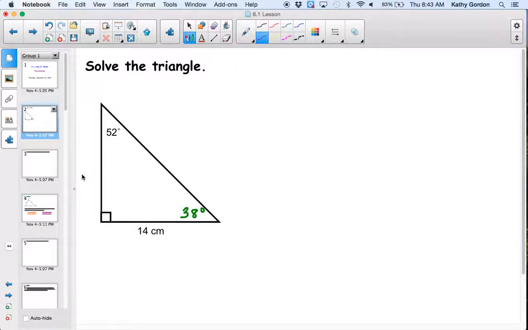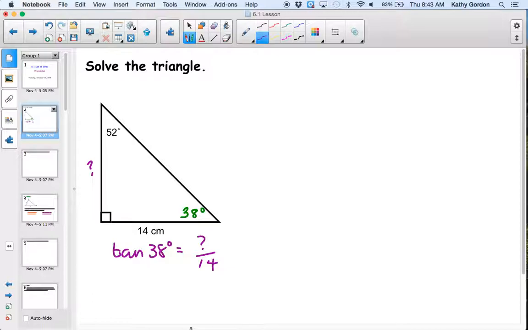How am I going to figure out that side? Tangent of 38 has to be equal to what? The unknown over 14.